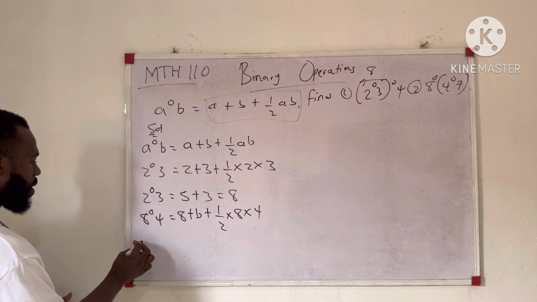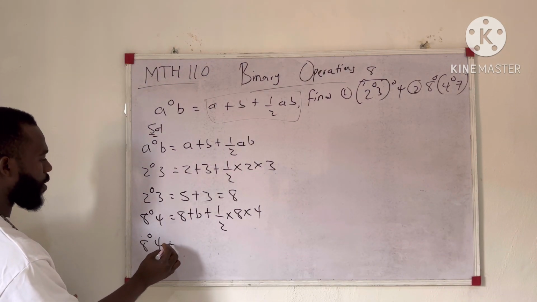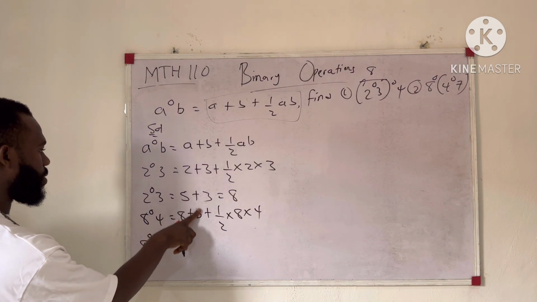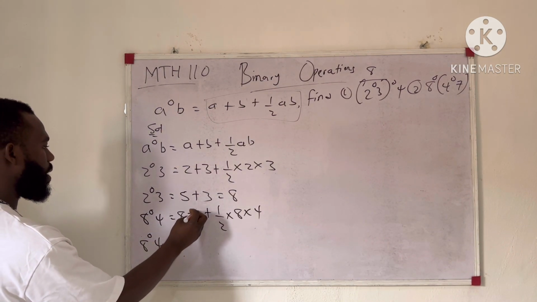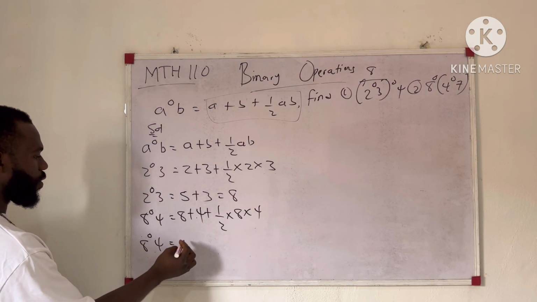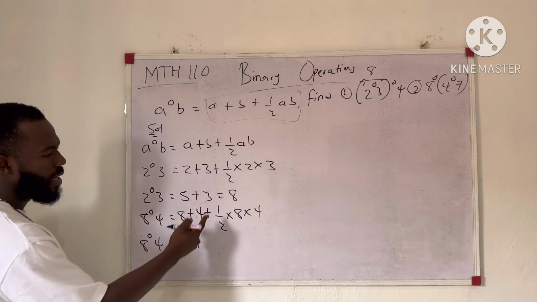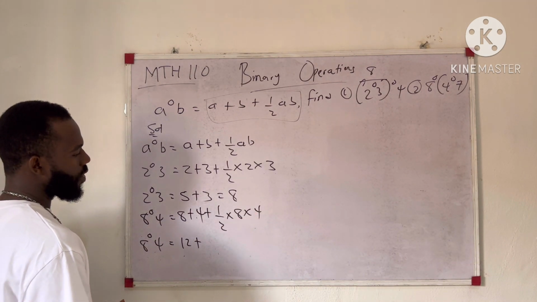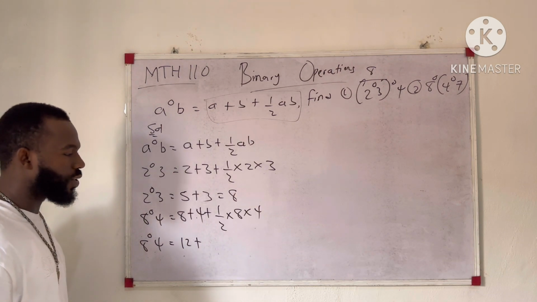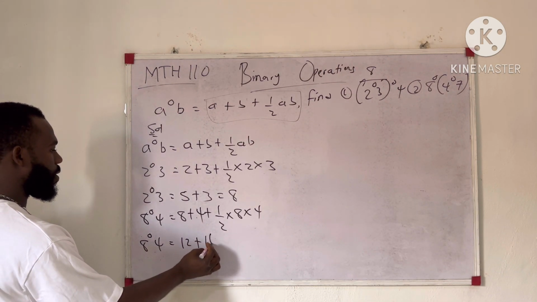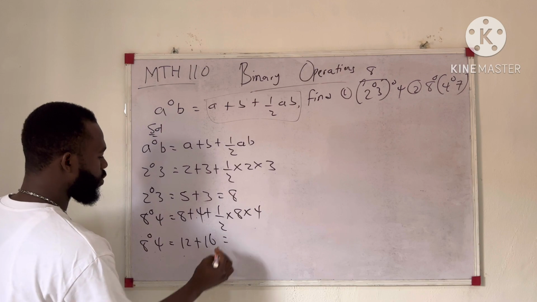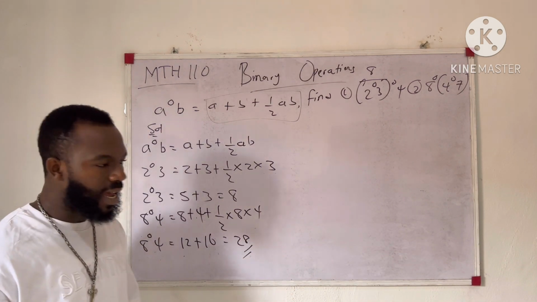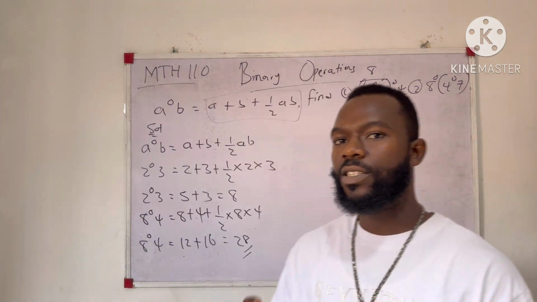So 8 operation 4 becomes 8 plus 4, which gives us 12, plus 1 times 8 gives us 8, and 8 times 4 gives us 32. And of course, 32 divided by 2 gives us 16. So if we add 12 and 16 together, we will get 28. So the answer to question number 1 is 28.